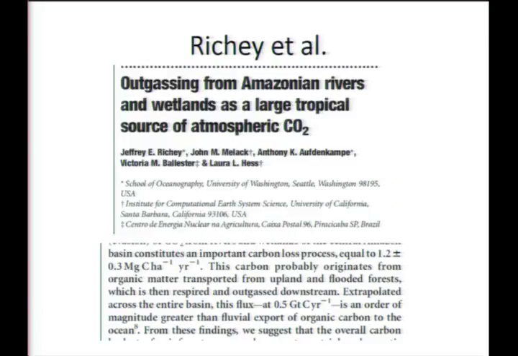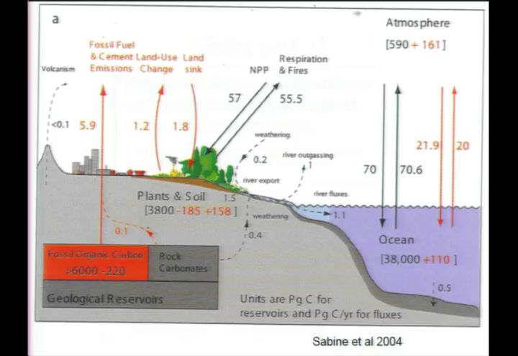There was a large amount of outgassing seeded in the Amazon. Some of that from streams, rivers, and lakes, some of that from wetlands, on the order of half a gigaton. And really from this point forward, there was a new term that came in, this river outgassing term. Again, a pre-anthropogenic flux. But whenever you add something to the global carbon budget, something has to make room for it.